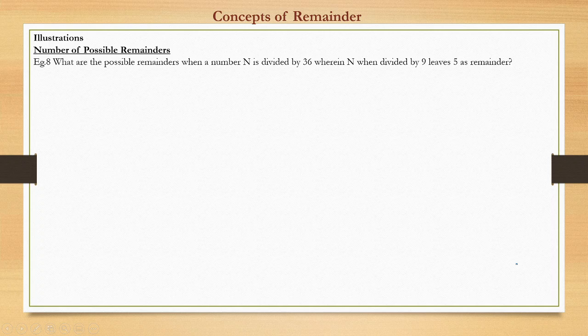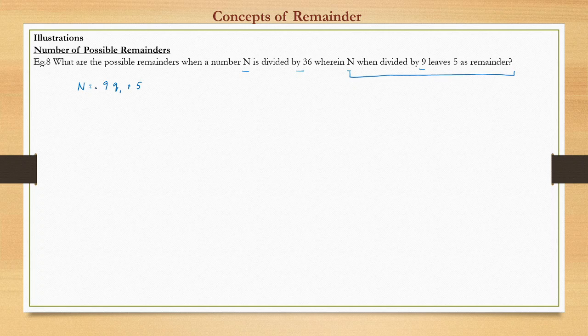Now we look into the application of some remainder concepts. What are the possible remainders when a number n is divided by 36, wherein n when divided by 9 leaves remainder 5? So n when divided by 9, with quotient q1, leaves a remainder 5.